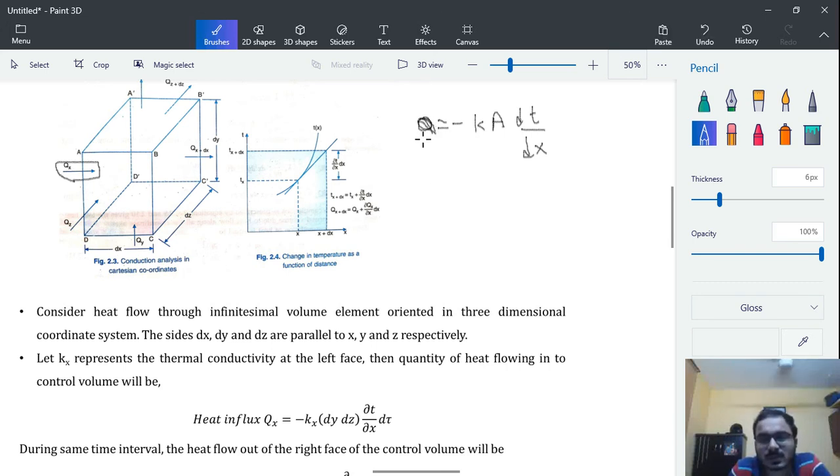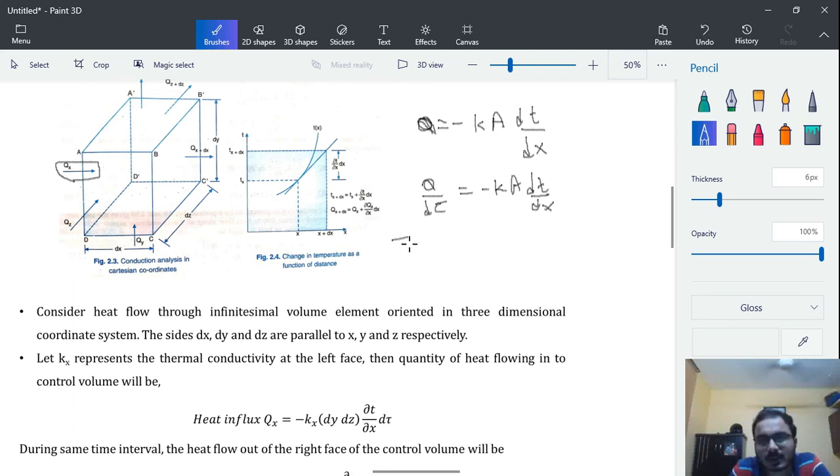So this is with respect to time. So if we consider time, that is let us say d tau, then it is equal to minus ka dT by dx.